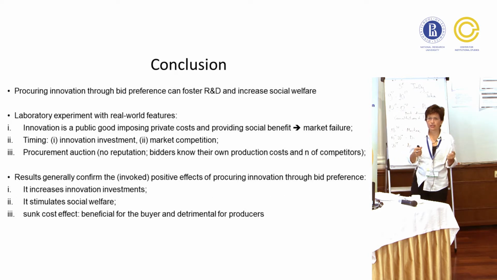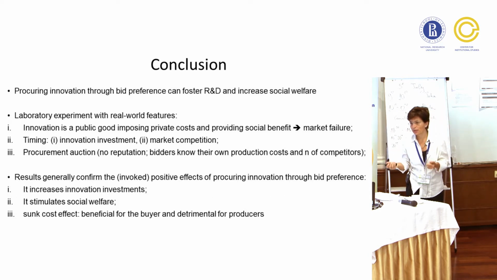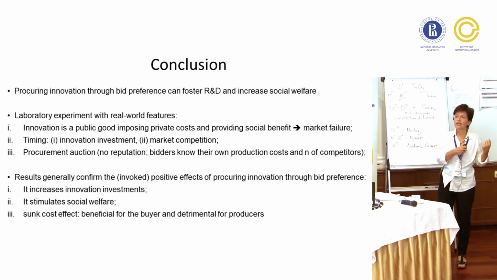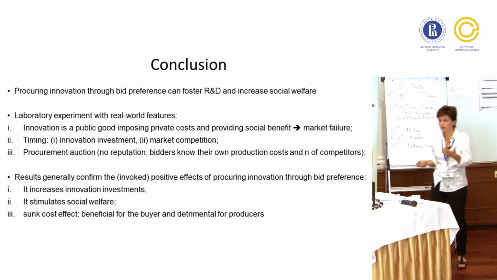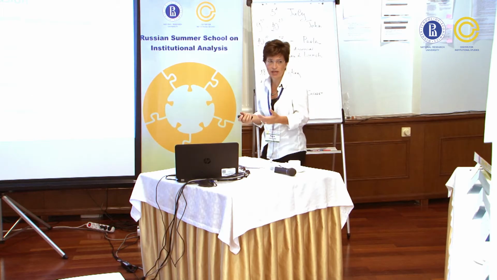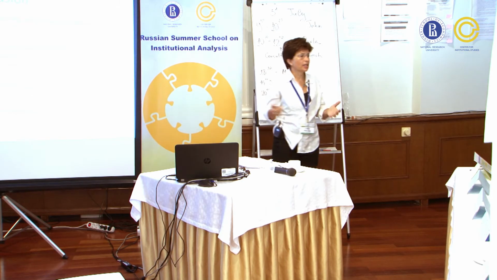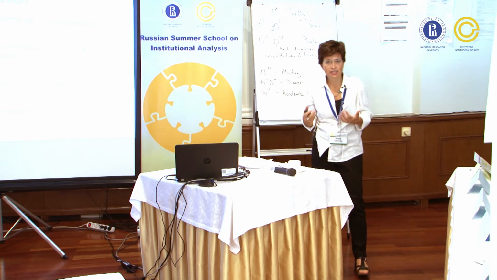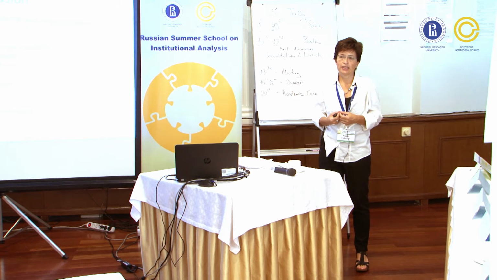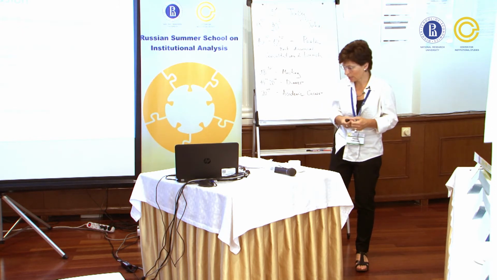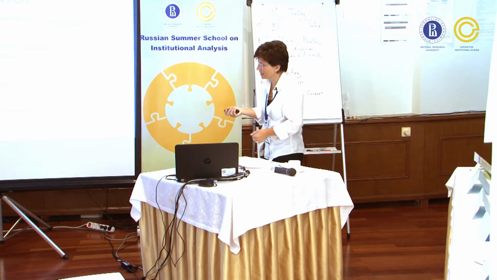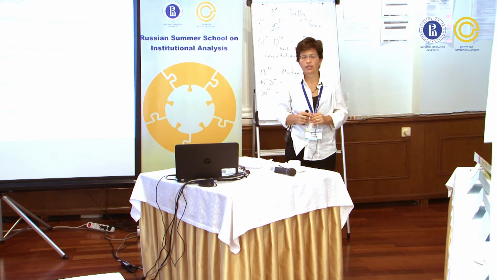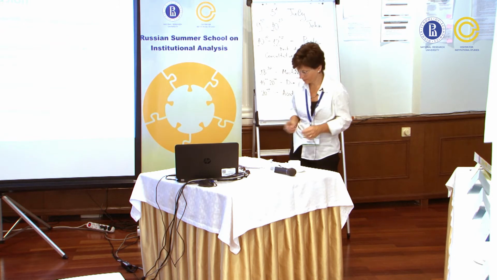Because these bidders somehow take into account the investment they made in the first stage, and they suffer a sort of sunk cost bias. We are still thinking how to put this sunk cost bias in the theoretical prediction, so as to have a further way to provide an empirical test for this kind of evidence we have at this point. And I stop here. Thank you.